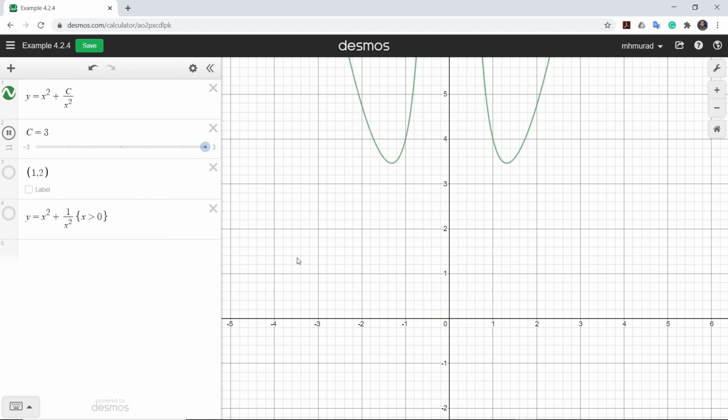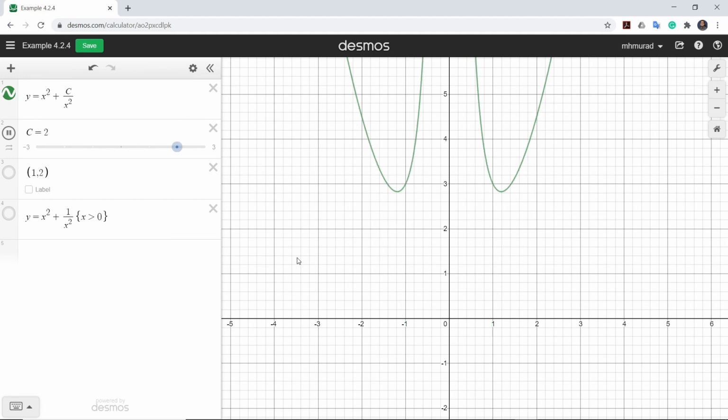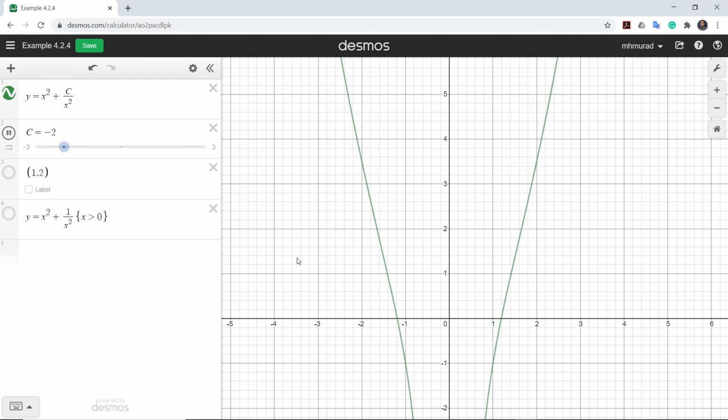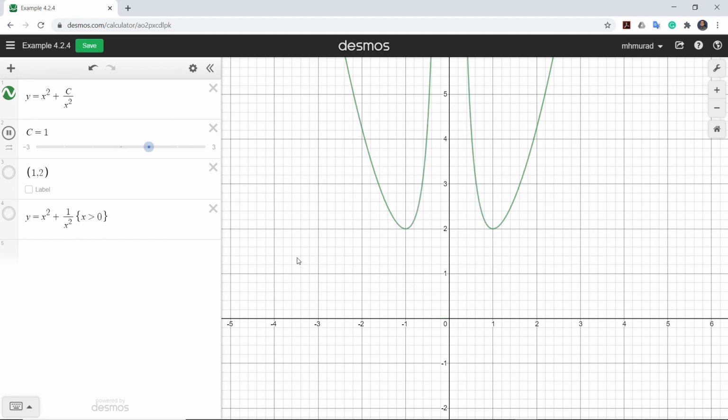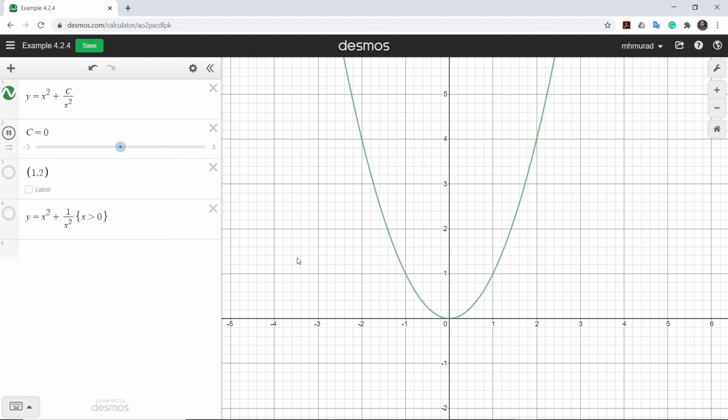However, either the left-hand side of the y-axis or the right-hand side of the y-axis is a solution of the differential equation, since the solution must be defined on an interval, except the case c equals 0, where we get a parabola. This particular solution is defined on the entire x-axis.